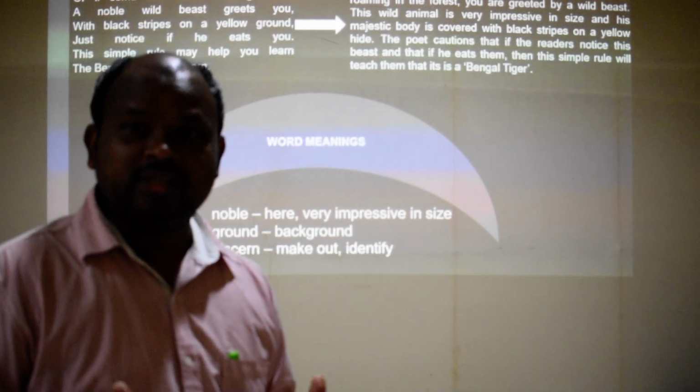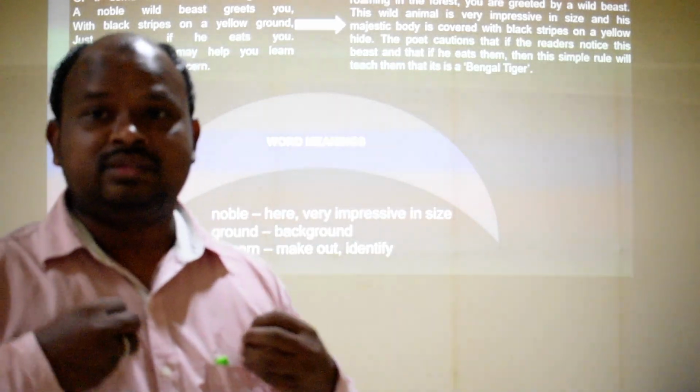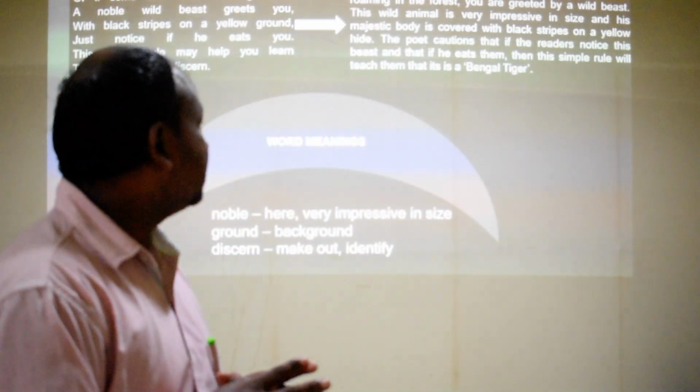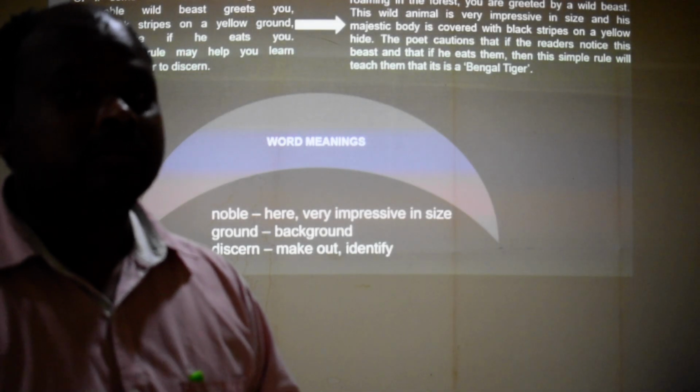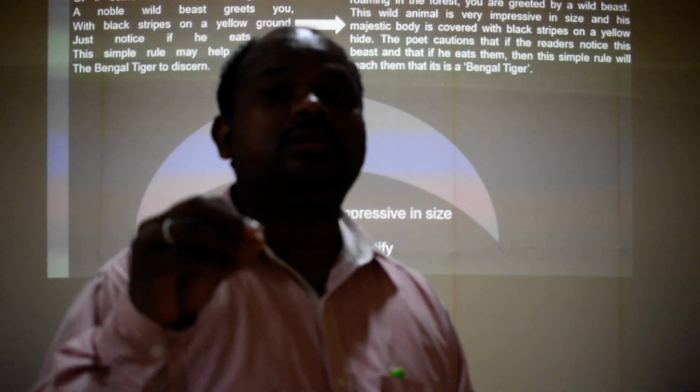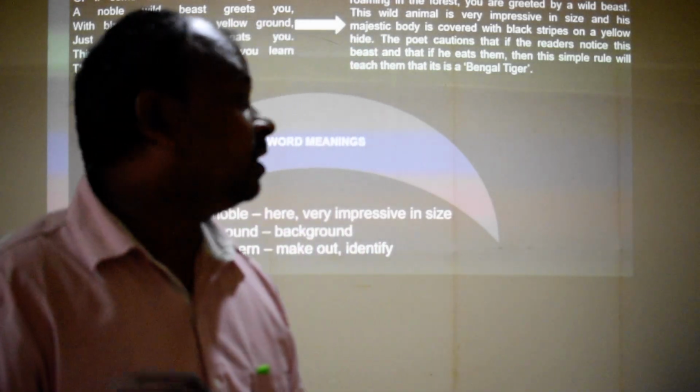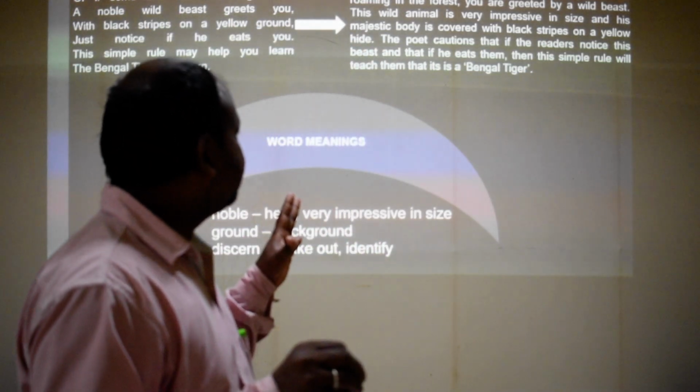It has a majestic body, with the stripes around. They are covered with a yellow color, and that is the feature of the Bengal tiger.